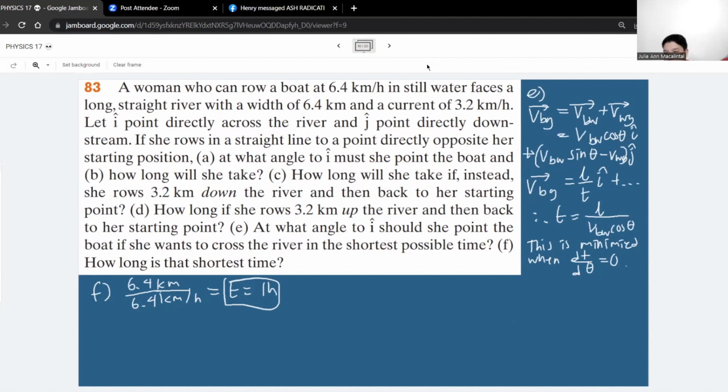Hindi, yan yung kailangan natin i-justify eh. Ano yung least possible time? 1 hour po. Or paano yung justify yun?